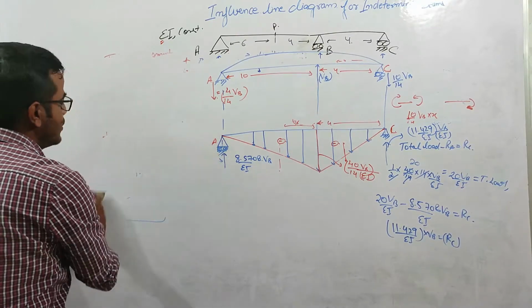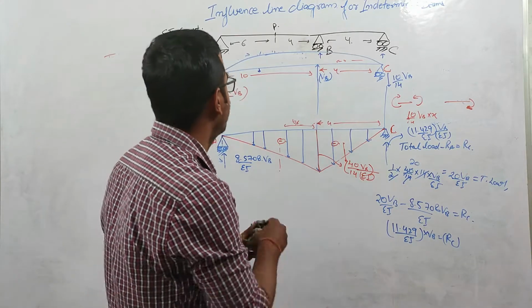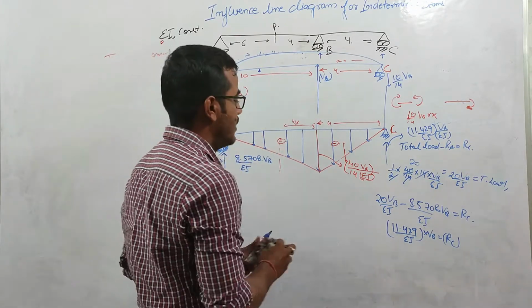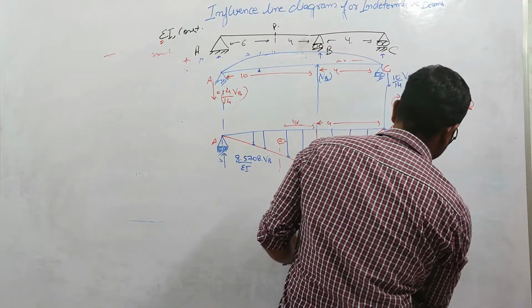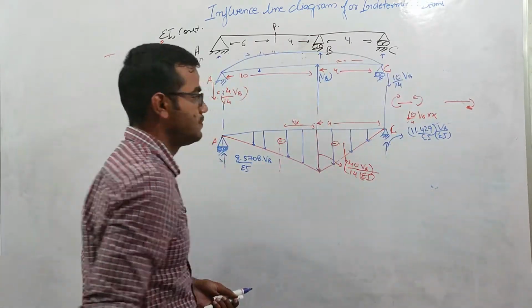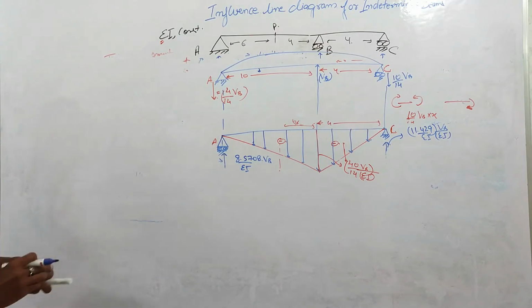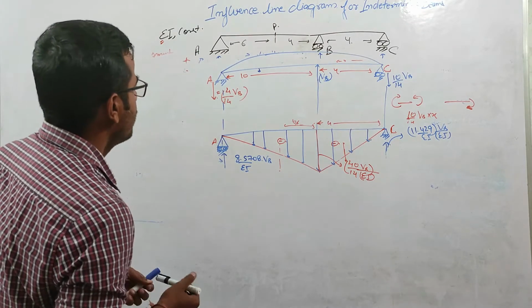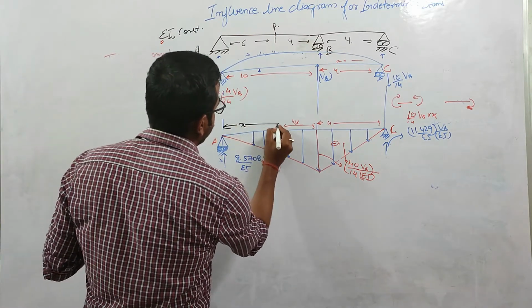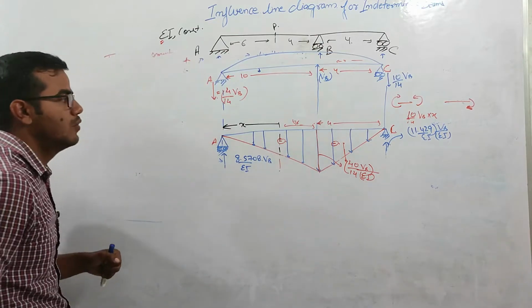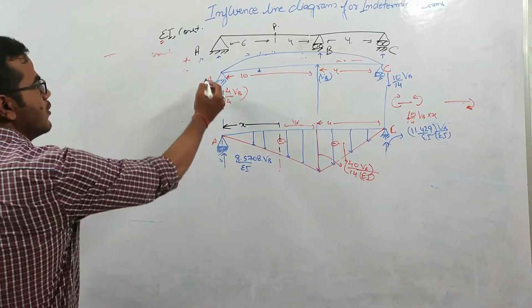Now we will write the equation for the moment, and that equation will be the equation for the deflection of this elastic curve. Let us suppose at a distance of x, what will be the moment? That moment will be the deflection for this beam.